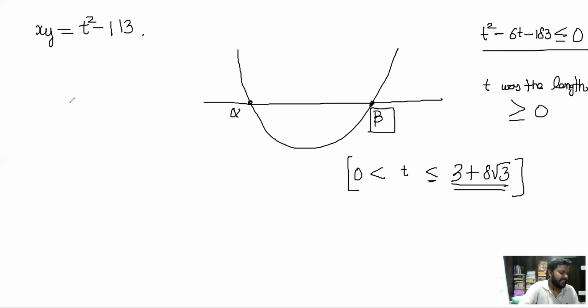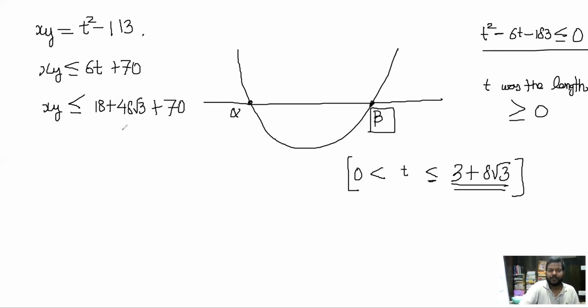So what we can say is XY, or we actually have a better relation. We have XY is less than or equal to 6T plus 70. So XY will be less than or equal to 6 times this. So that will be 18 plus 48 root 3, plus 70, which becomes equal to 48 root 3 plus 88.